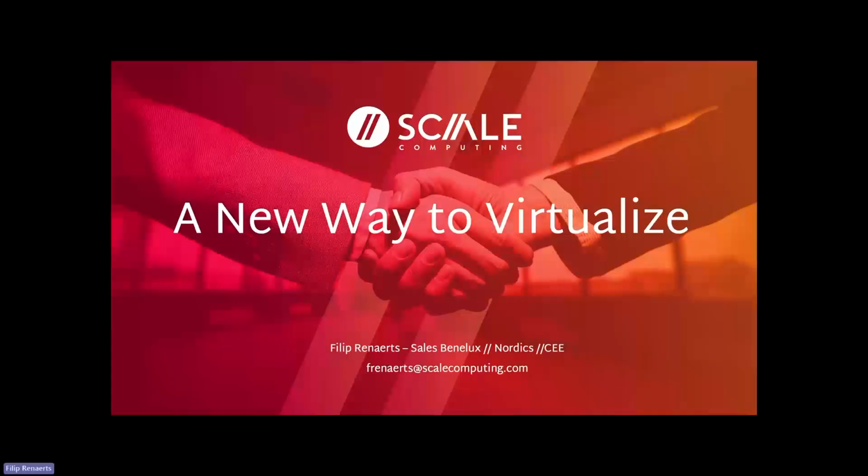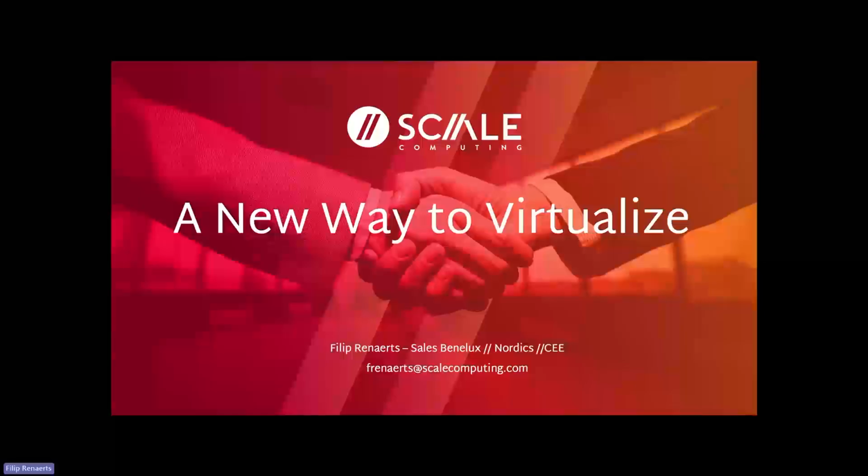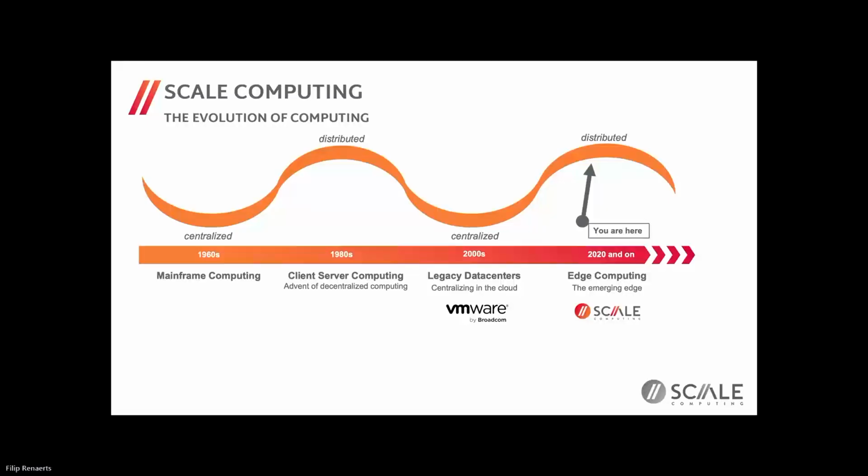Before diving into that topic, I want to have a look at what is happening in the market. We see a trend every 20 years of a move from distributed to centralized, and we see this move today. We move towards a distributed infrastructure.